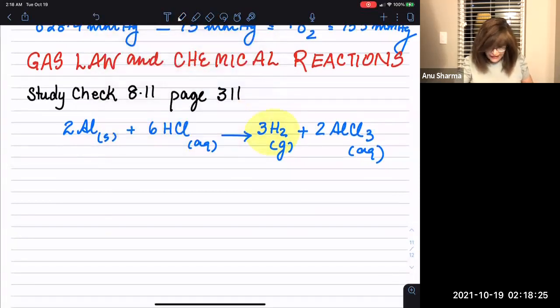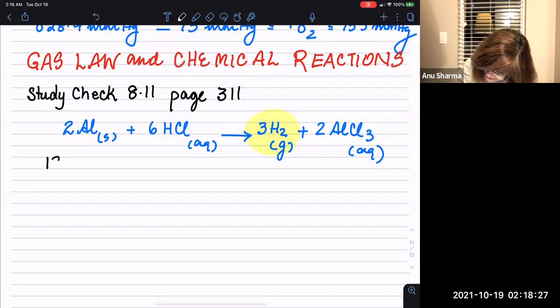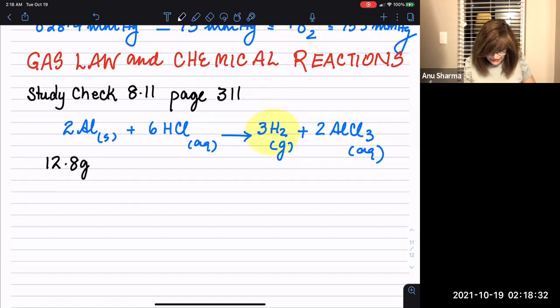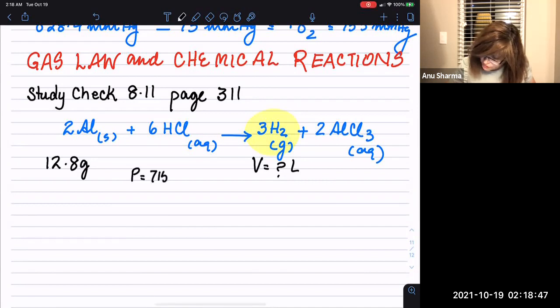If 12.8 grams of aluminum reacts with HCl, how many liters of hydrogen, so volume of hydrogen in liters, would be formed at the given pressure of 715 millimeters of mercury and the temperature of 19 degrees Celsius.